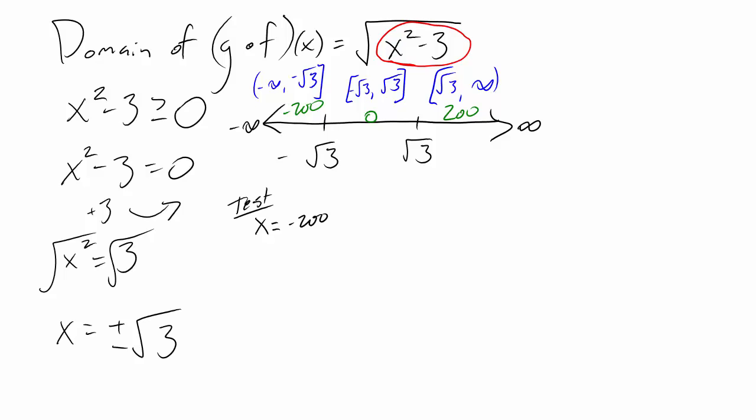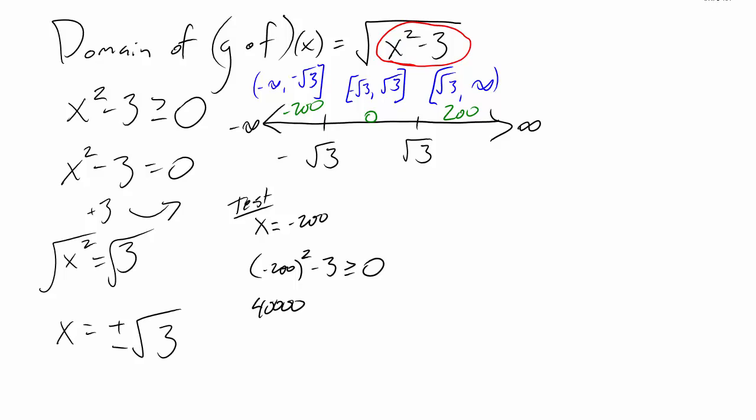And then we're going to plug that negative 200 in for the x squared. So negative 200 squared minus 3 needs to be greater than or equal to 0. When we square that negative 200, we wind up getting an answer of 40,000.